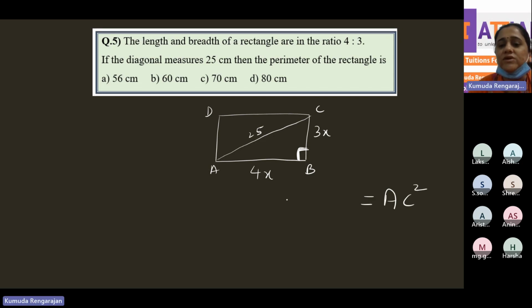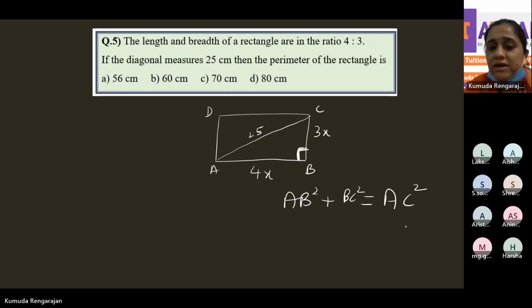So AC square is equal to AB square plus BC square. Why? AC is the hypotenuse. You must have that separately. AC square should be on one side, and the sum of the squares of the other two sides on the other side.